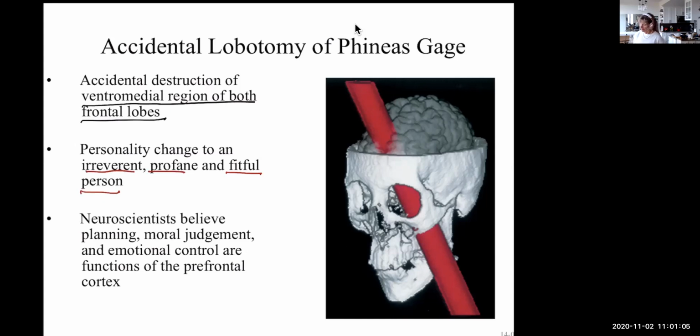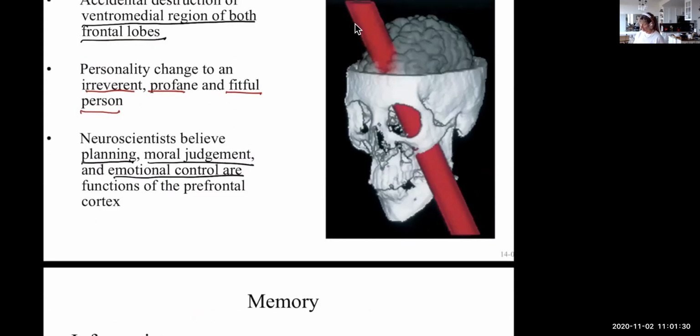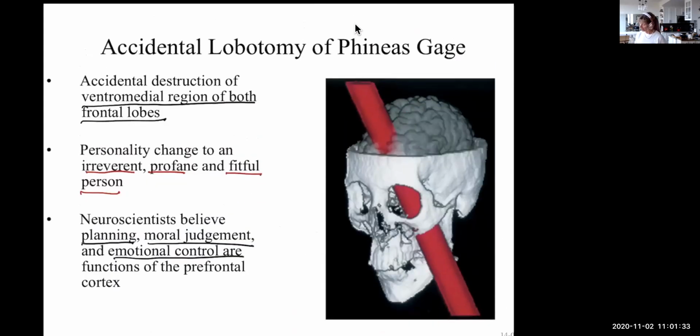So for that reason, and also many other studies, of course, since Phineas Gage, that is why planning, moral judgment, and emotional control are known to be functions of the prefrontal cortex. So often it's because of injury that we know what part of the brain is responsible for what.